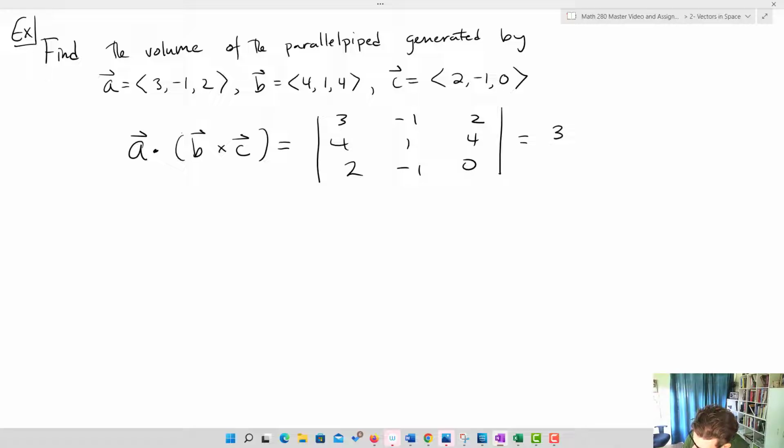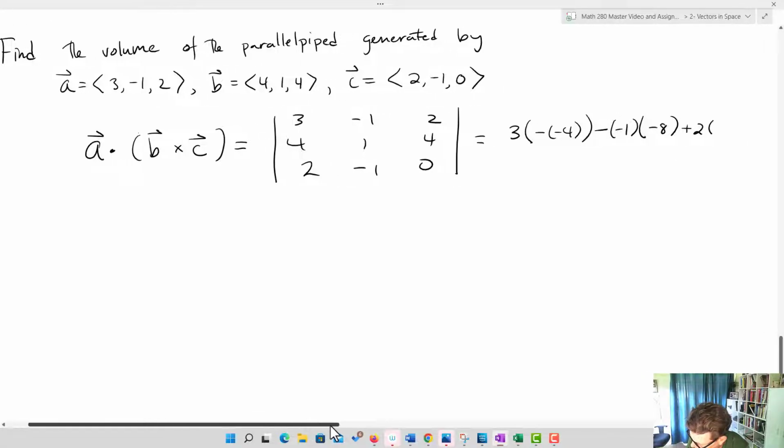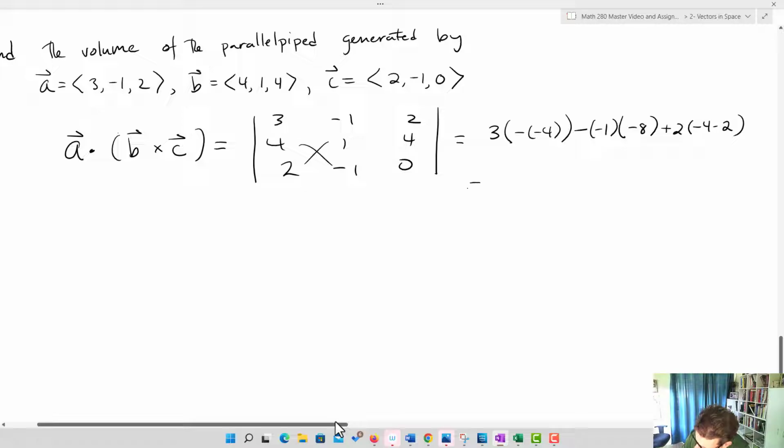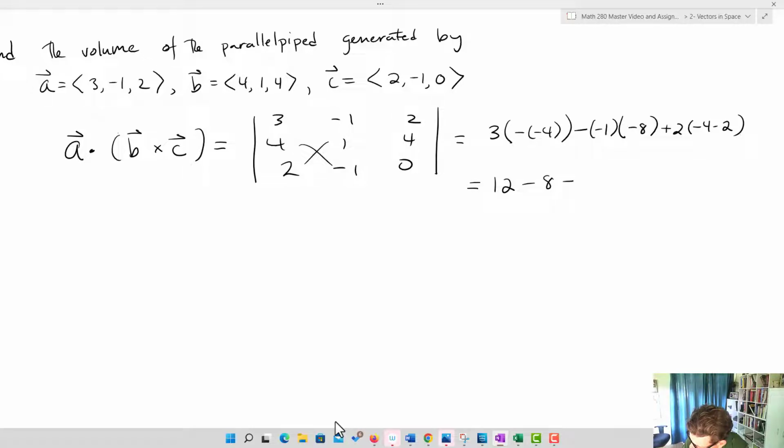So this ends up equaling 3 times (0 minus -4), minus -1 times (4 times 0 minus 8, so -8), plus 2 times (-4 minus 2), and there's our determinant. That ends up equaling 12 minus 8 minus 12, which equals -8.